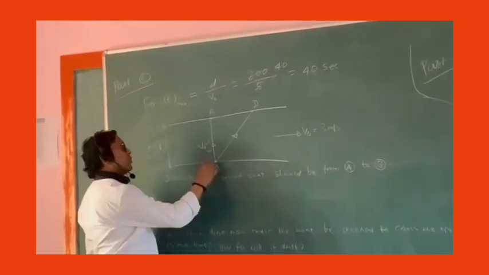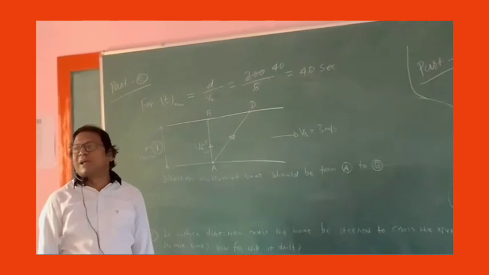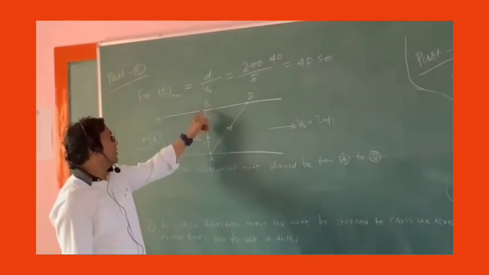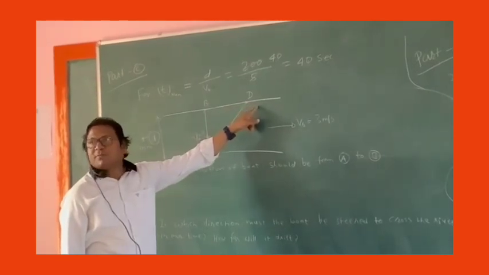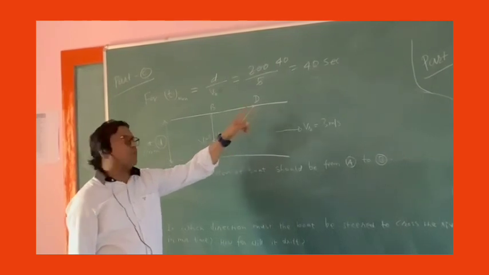Now, if someone goes from A to D, and someone asks you, what is the distance traveled along x-axis? Along x-axis, this BD distance is the distance traveled.